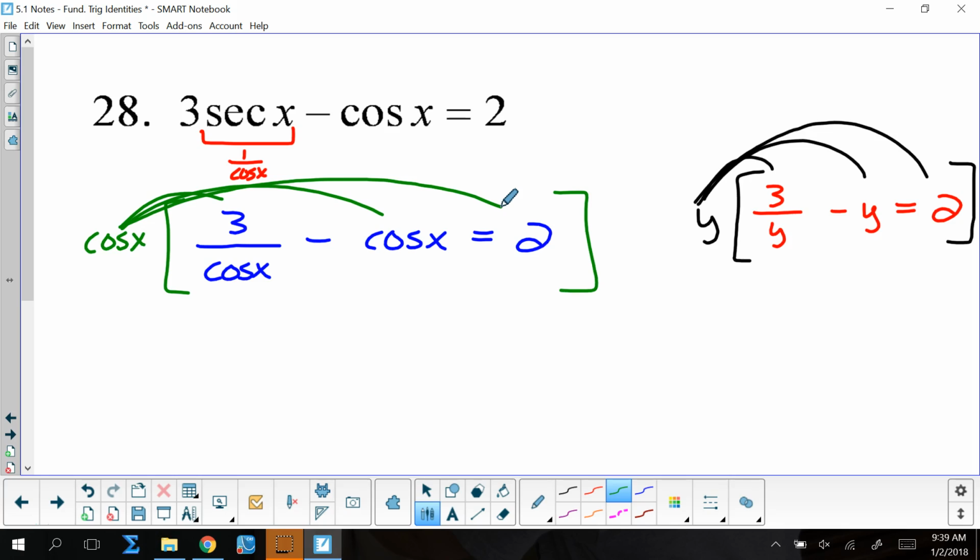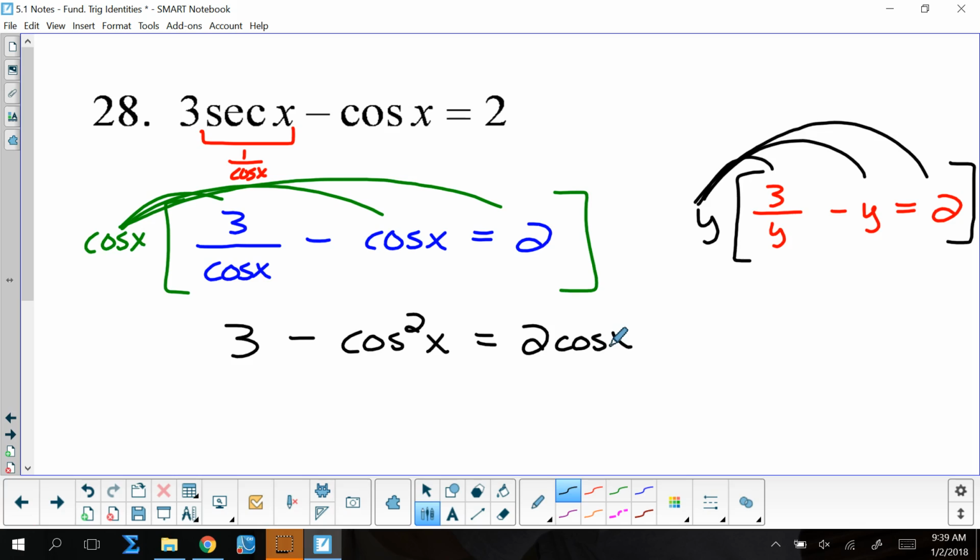Okay? So 3 times cosine is 3 cosine. Divided by cosine is just 3. Cosine times cosine is cosine squared. 2 times cosine is 2 cosine.